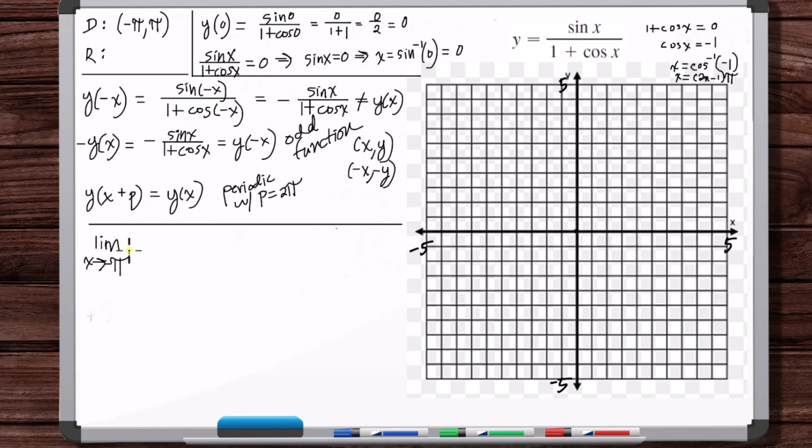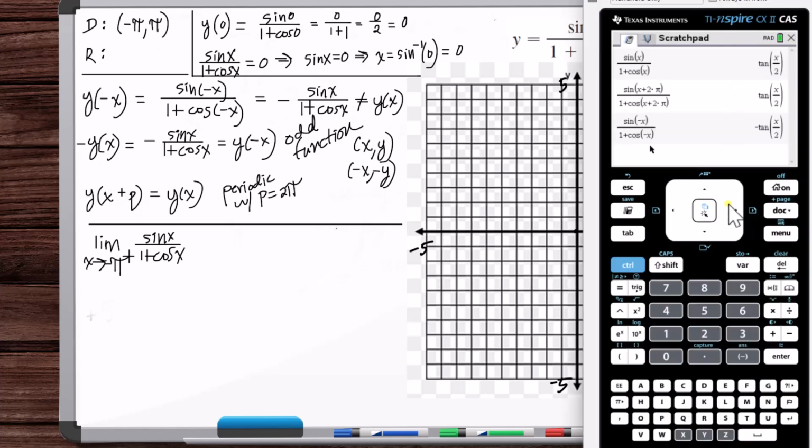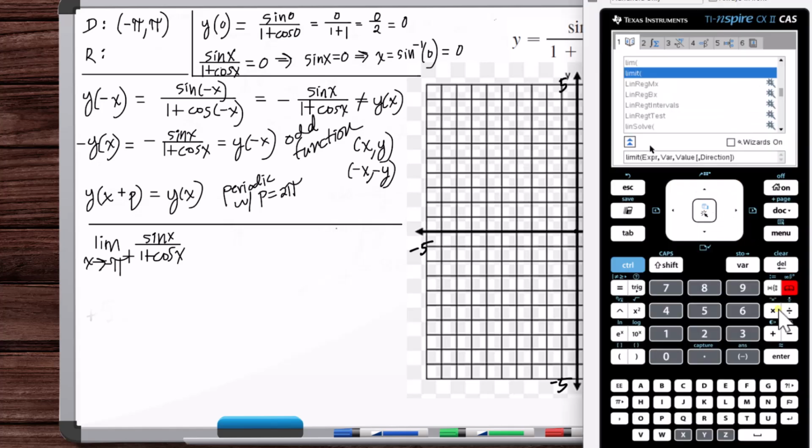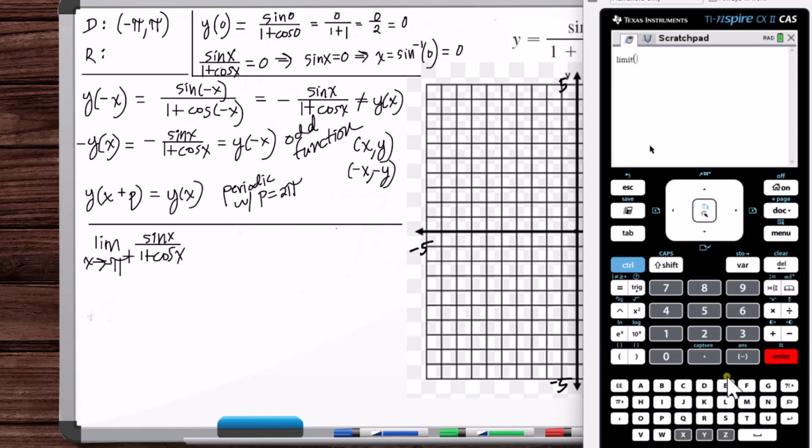This will be from the right of, okay, so this is the limit of our function with respect to x approaching pi from the positive direction, negative infinity.